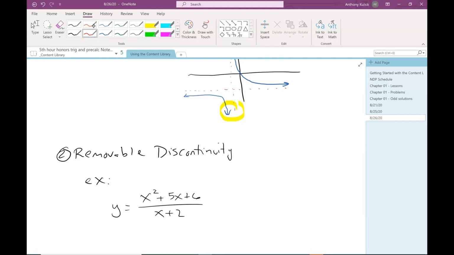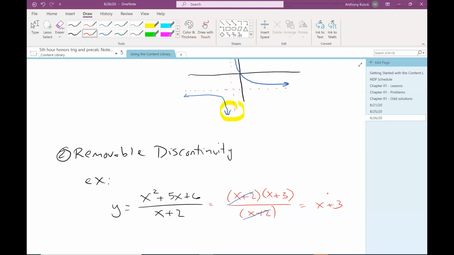One of the things that we can often do with a rational function is reduce it, especially when the degree of the numerator and the degree of the denominator, one of them is greater than 1. So let's check to see if we can do any reducing here. If I want to reduce this, I have to make sure I factor. So when I factor the numerator, and the denominator is already linear, so there's no factoring to do there, we notice that the x plus 2 is common to both. So we can reduce that, right?